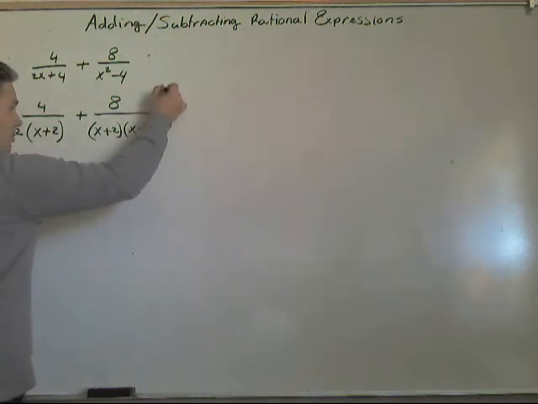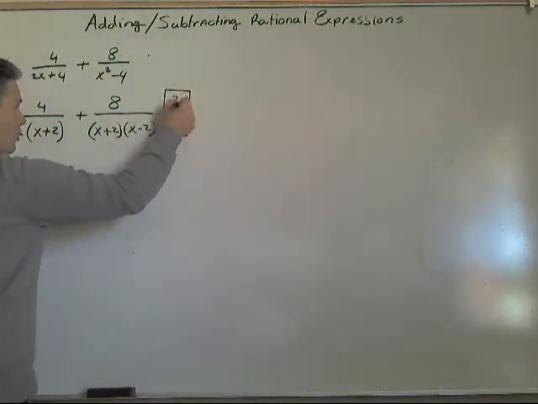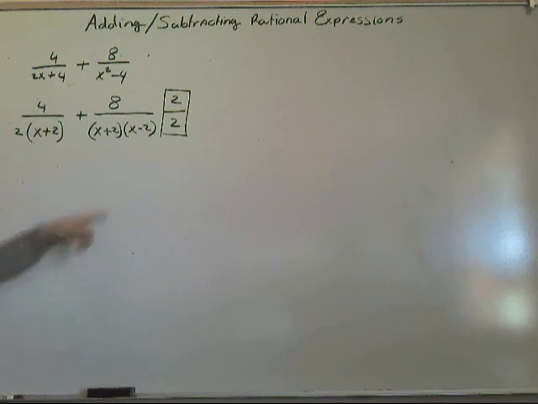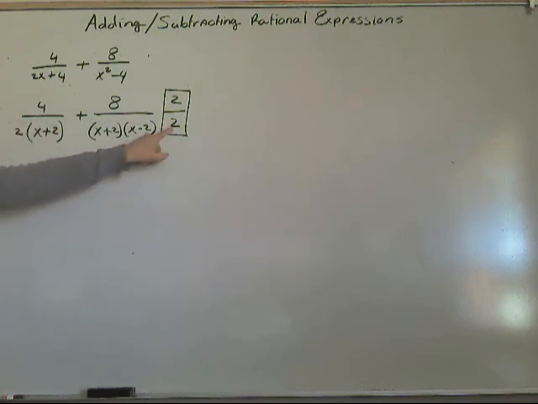So to make the common denominators, I'm going to multiply by 2 over 2 so that I get a factor of 2 in the denominator. Now they both have a factor of 2. However, here's now a factor of x - 2, and there's no factor of x - 2 there. So I'm going to use a form of 1, (x - 2) over (x - 2).